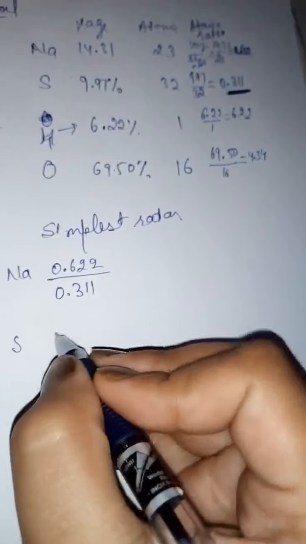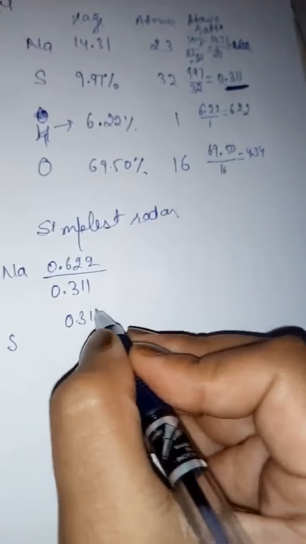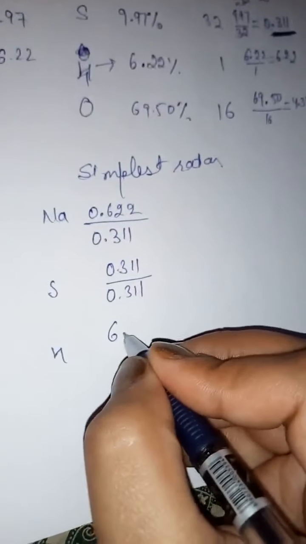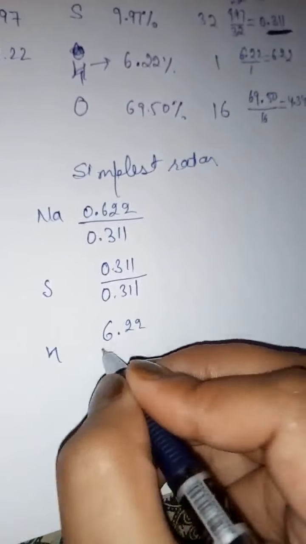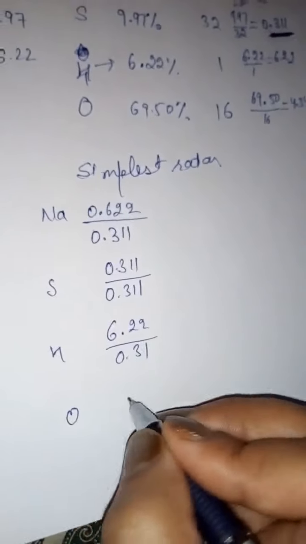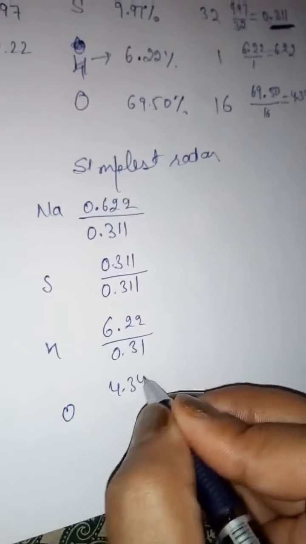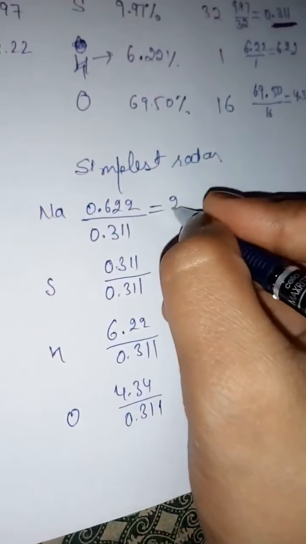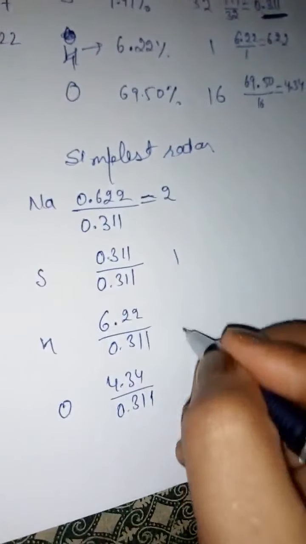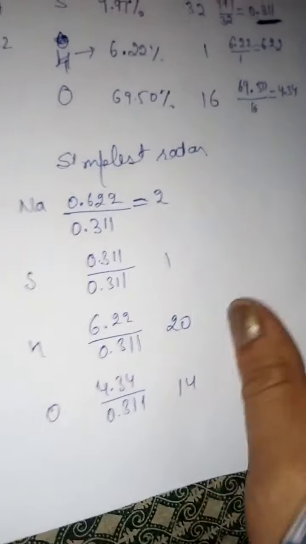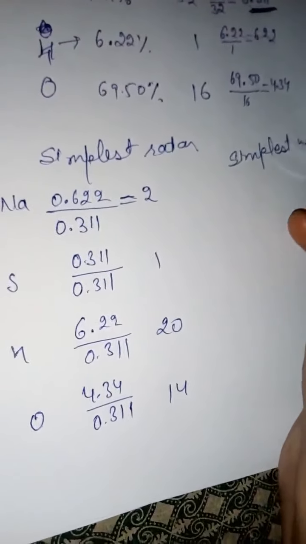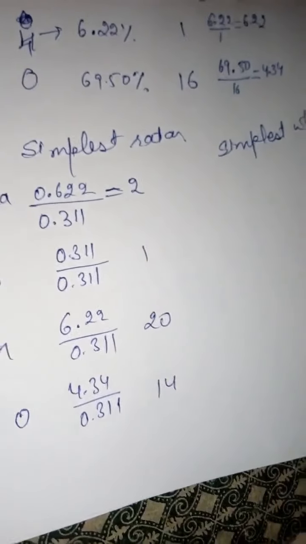For sulfur, 0.311 divided by 0.311. For hydrogen, 6.22 divided by 0.311. For oxygen, 4.34 divided by 0.311. It will come approximately 2, 1, 20, 14, and then you will calculate the simplest whole number.